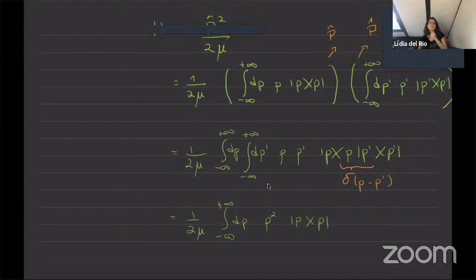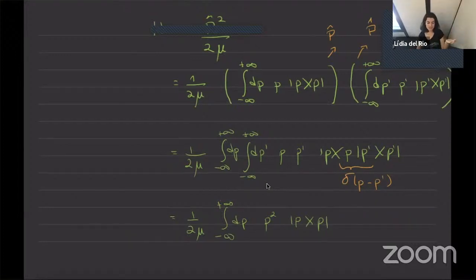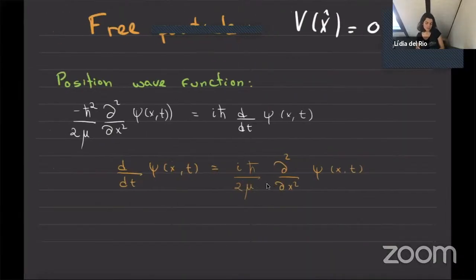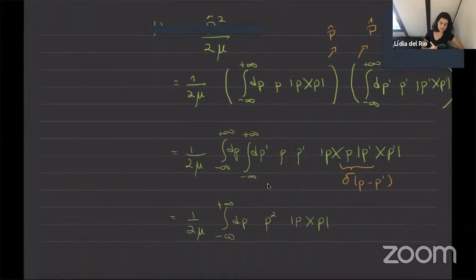Which means it's going to be much easier to compute the evolution of the wave function in this basis than in the position basis. In the position basis, we'd have to solve this differential equation. Let's see what the differential equation is for the momentum basis. Okay, so the evolution of the momentum wave function.